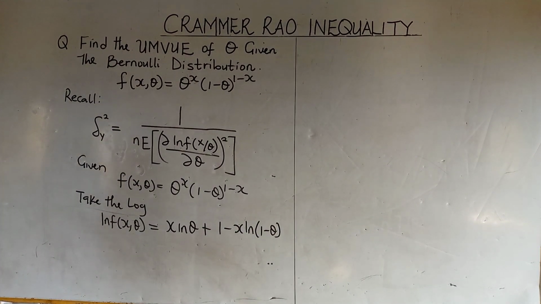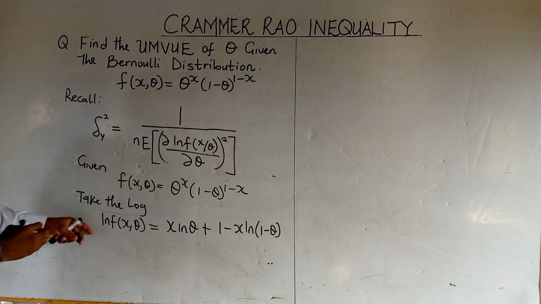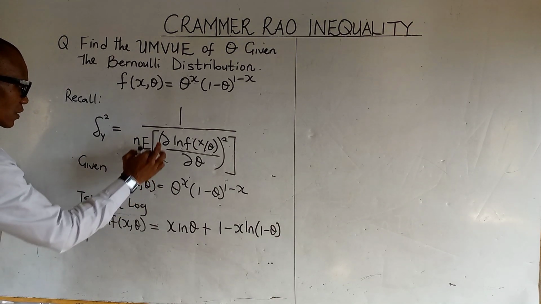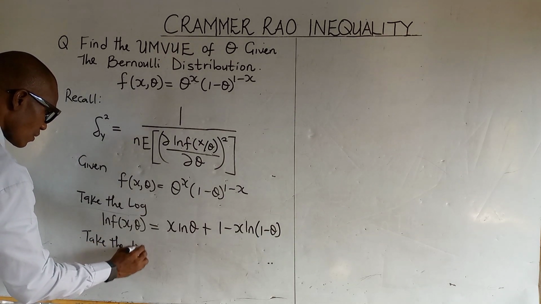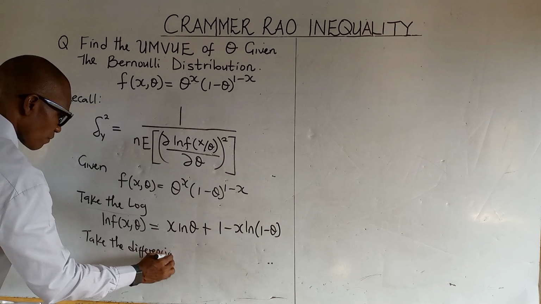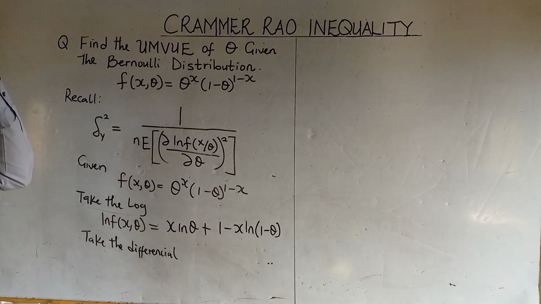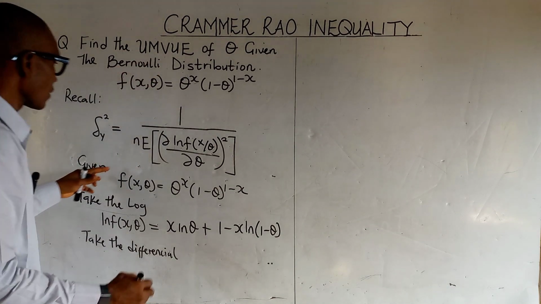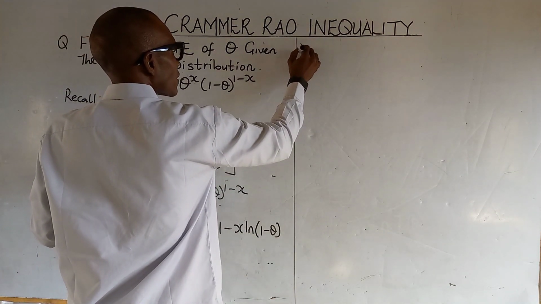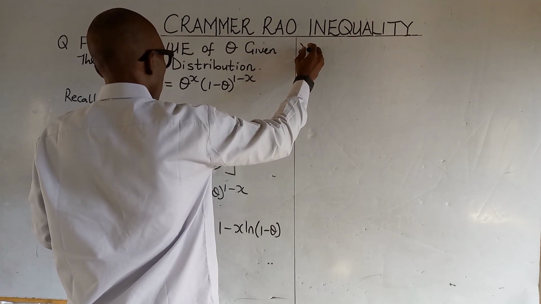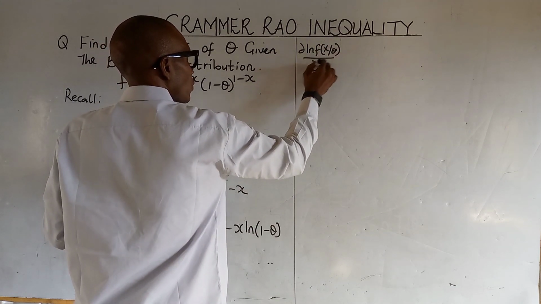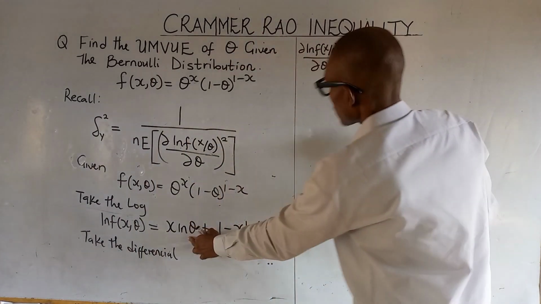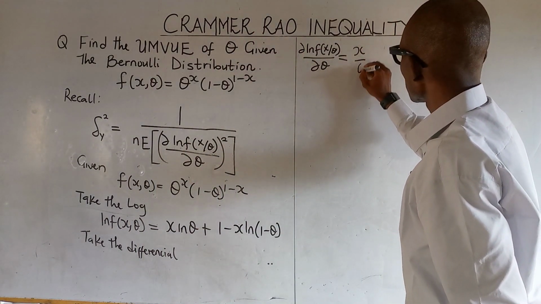The next thing we do is to differentiate. When we take the differential with respect to theta, if we differentiate this, we get x over theta.